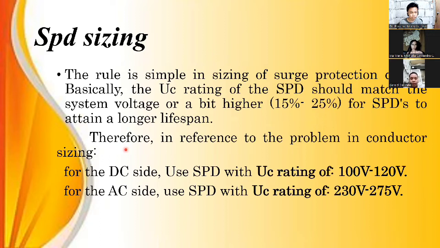So in reference to the problem in conductor sizing, for the DC side, use an SPD with a UC rating of 100 volts to 120 volts. For the AC side, use an SPD with a UC rating of 230 volts to 275 volts. So nakikita naman natin yung pagkakaiba nila.